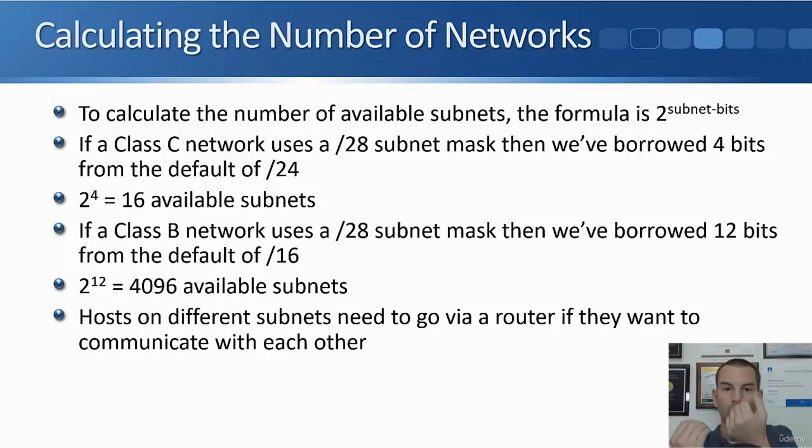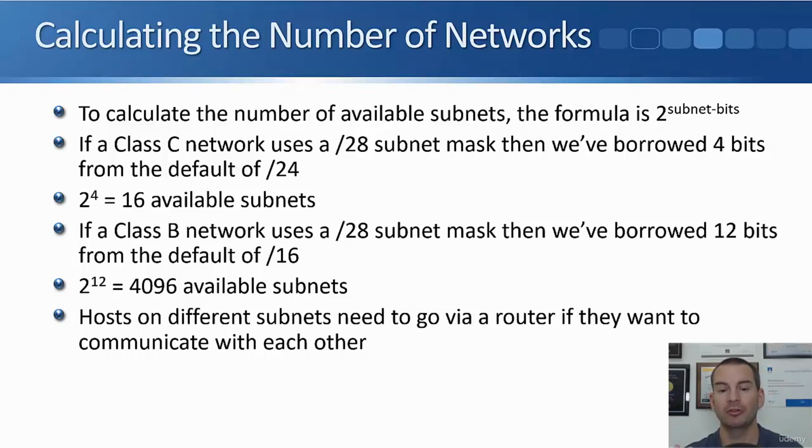So let's do this one. 2, 4, 8, 16, 32, 64, 128, 256, 512, 1024, 2048, 4096 subnets. For that one, you might have noticed it's easy if you remember that 2 to the power of 10 is 1024. Here we just keep doubling each time.